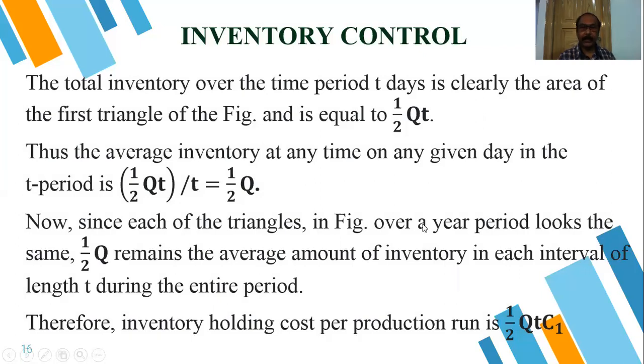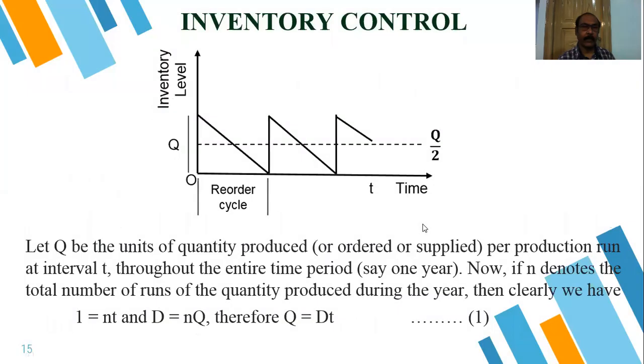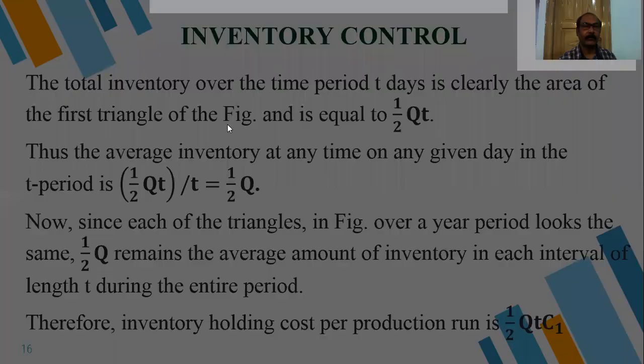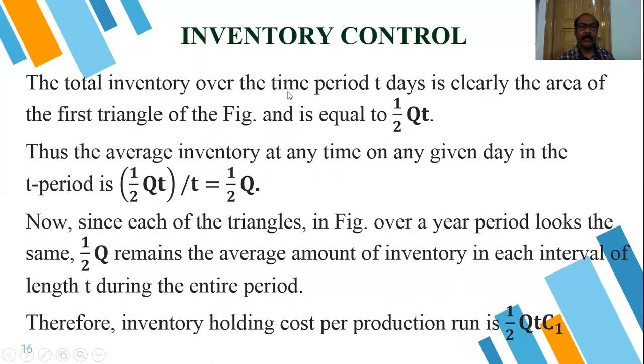Now, if we go back, that will be better. I already said that the area of this triangle is half base into height, that is base is T and this is the Q. So half QT is the area of this triangle. The total inventory over the time period T days is clearly the area of the first triangle of the figure and is equal to half QT.